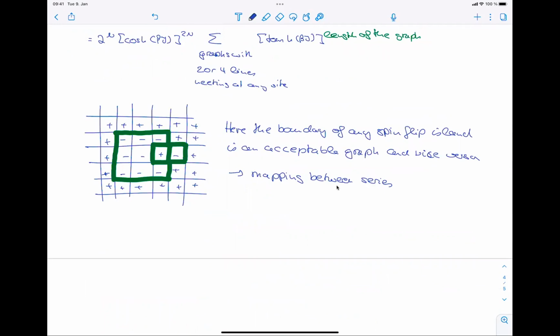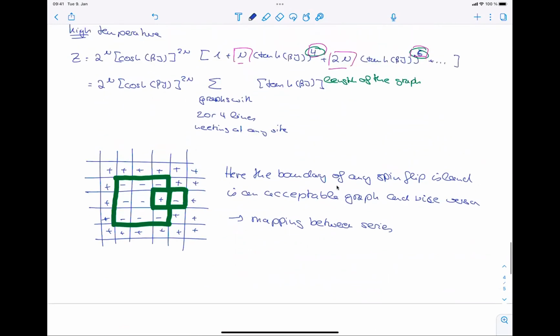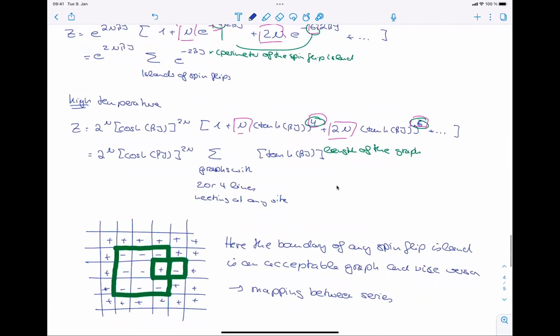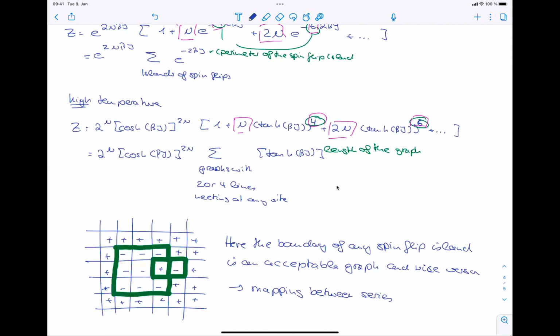Yep. The length of the graph, we mean the number of bonds that there are in the graph. So it depends on where you are. Are you in the high temperature series or in the low temperature series? Okay, so in the high temperature series, we're interested in graphs that meet in 2 or 4 lines.